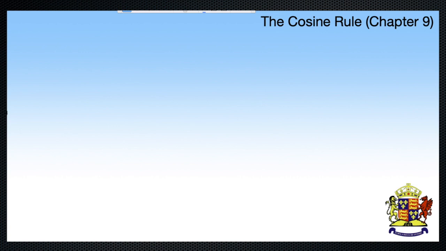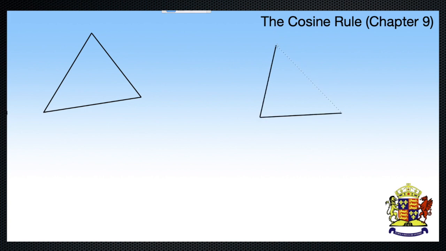Okay, so let's apply this to a couple of questions. I'm going to draw a few triangles out, and we're going to work through the method to make sure we are happy with it. So here are 3 triangles.